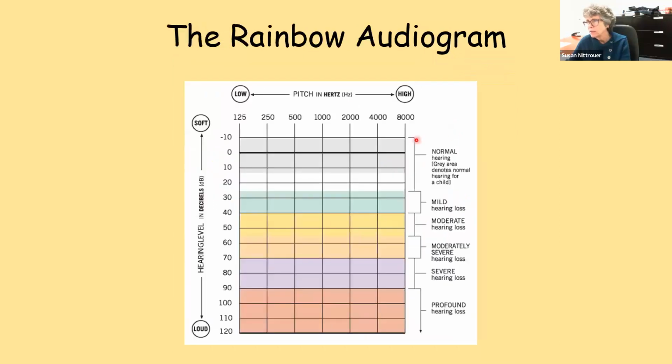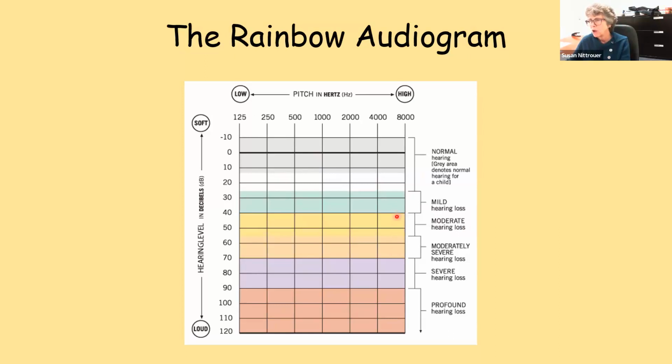Okay, here's another example of what you might see. Again, here we see the normal range. Sometimes you will hear losses between 15 and 20 or 25 dB referred to as minimal losses, okay? And then mild hearing loss goes to about 40 dB. Then we get into moderate loss.